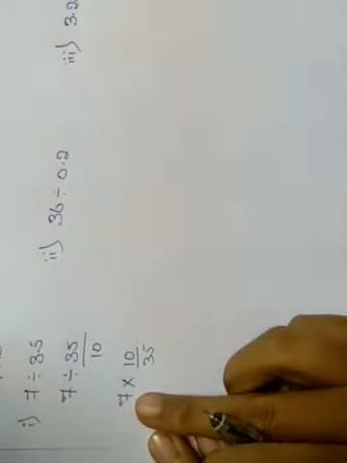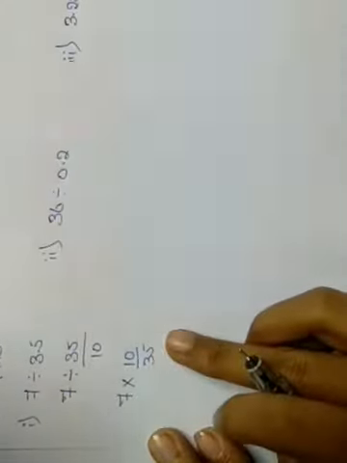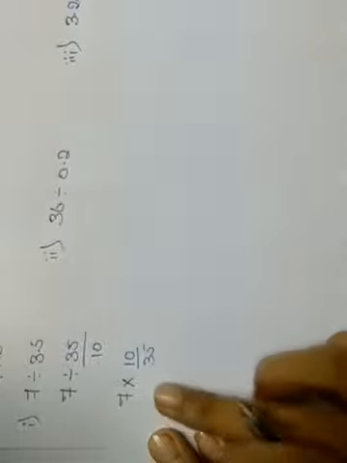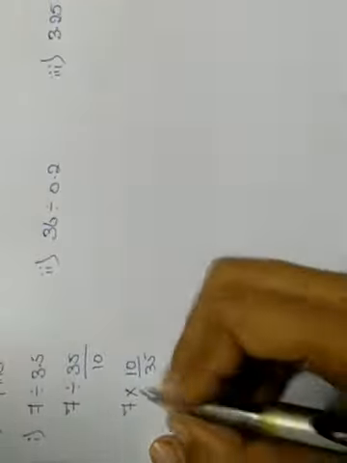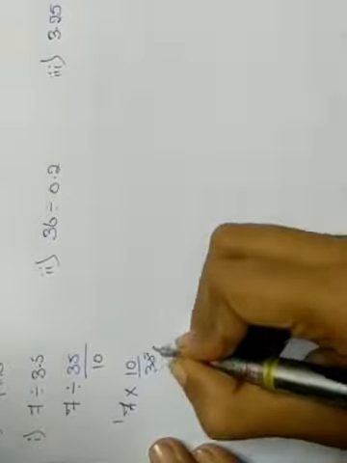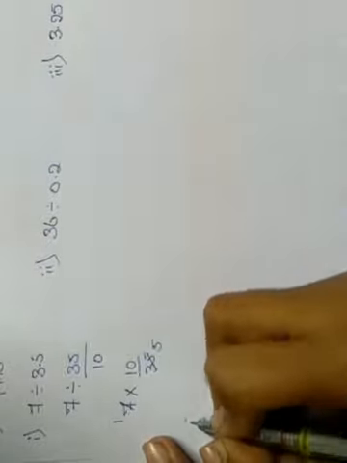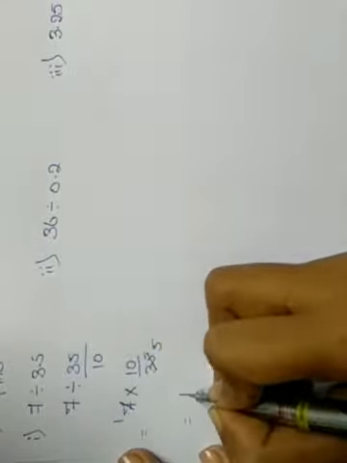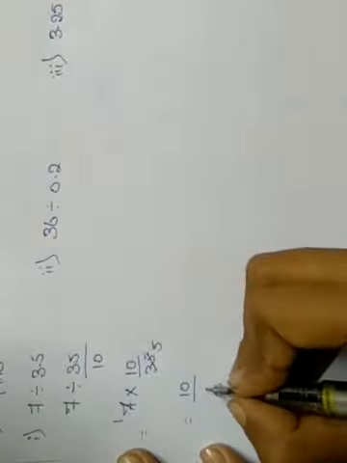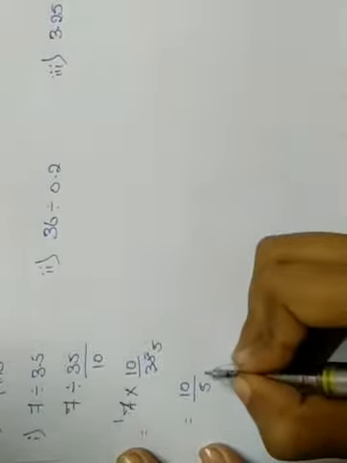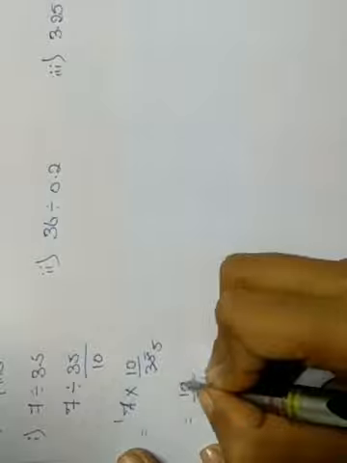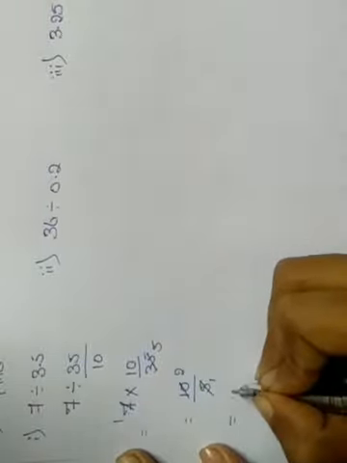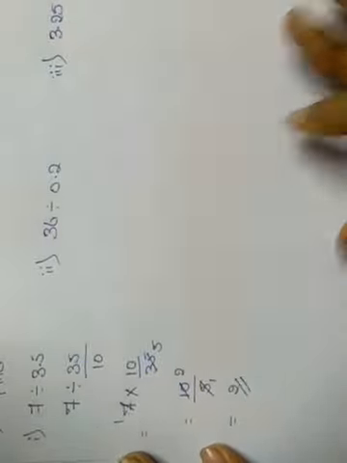Now if possible, we'll simplify it here only. If not, we'll multiply directly. Here it is possible to simplify. 7 1s are 7, 7 5s are 35. Now we got 1 into 10 is 10 divided by 5. Again it will get simplified. See, 5 1s are 5, 5 2s are 10. So we got 2 as the answer.